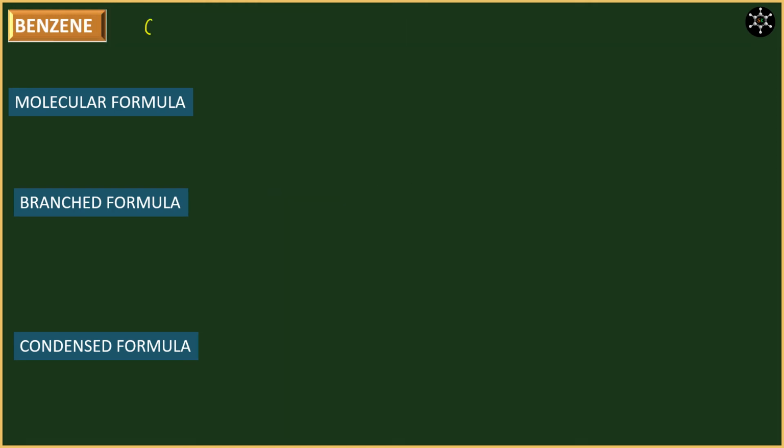Benzene has 6 carbon atoms and 6 hydrogen atoms in it. So its molecular formula is C6H6. Coming to the connection between carbon and hydrogen, benzene is a cyclic or ring system. 6 carbon atoms make a ring like a hexagon. Let us first make that.